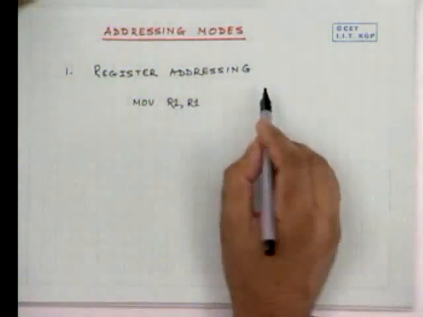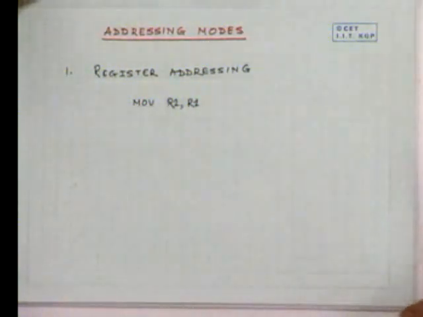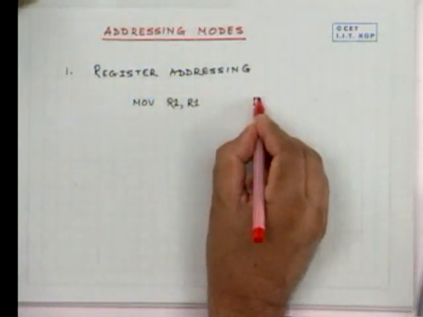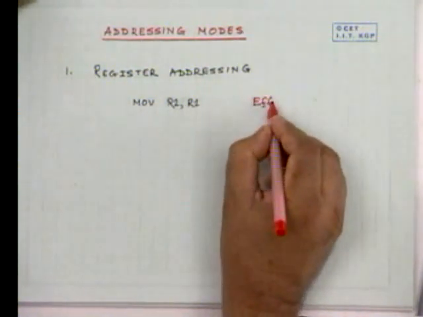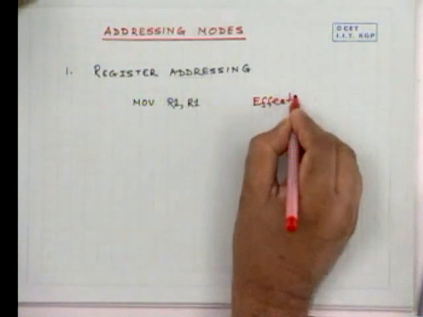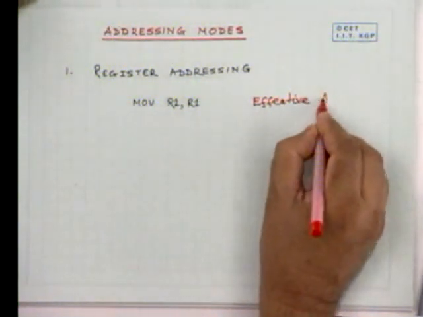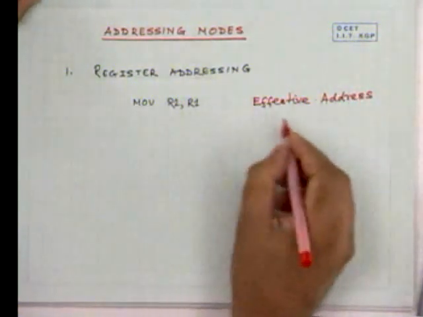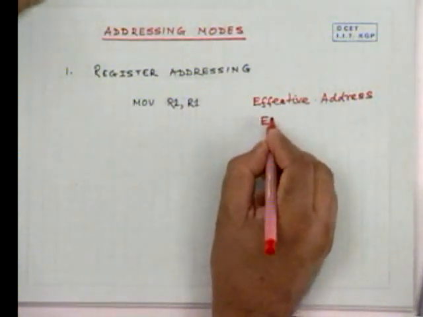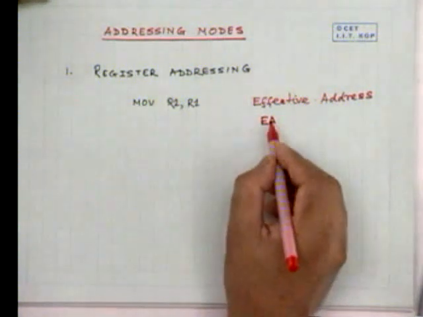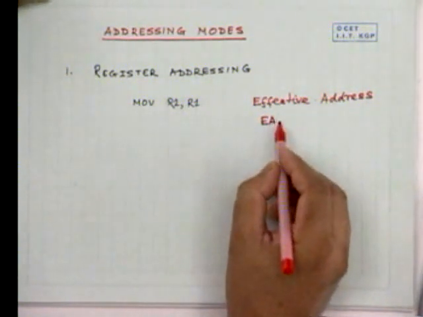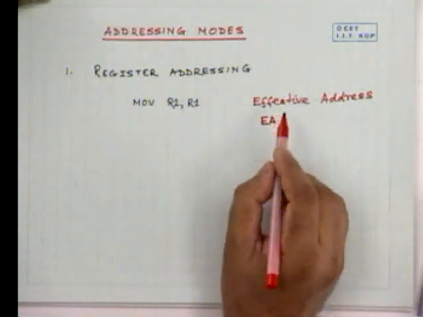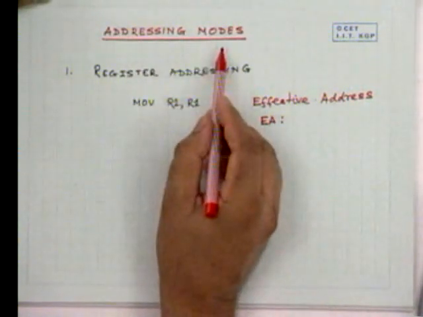We'll talk about a concept which we call the effective address, or EA. Effective address is the address of the operand after the addressing mode has been applied.